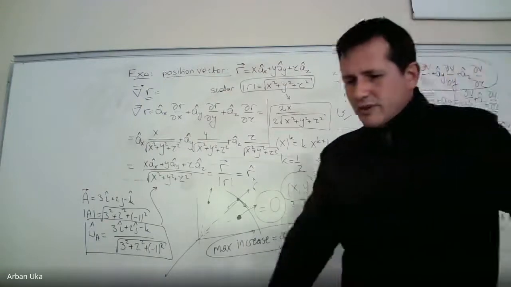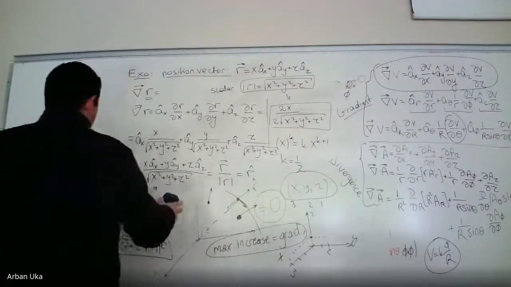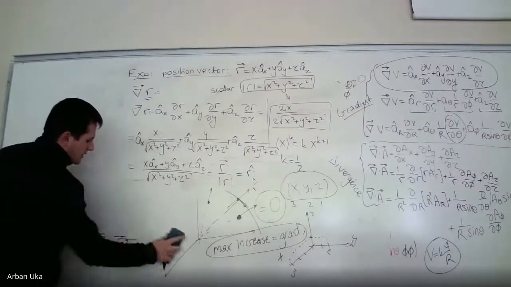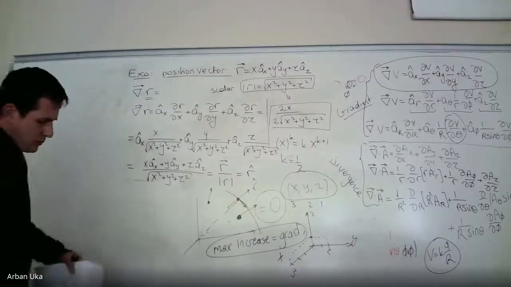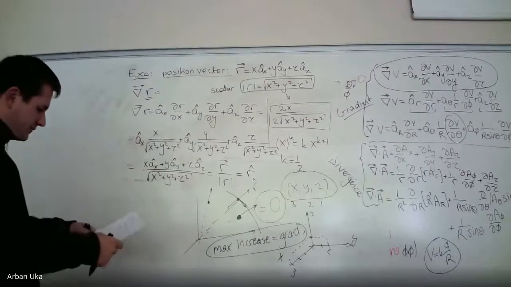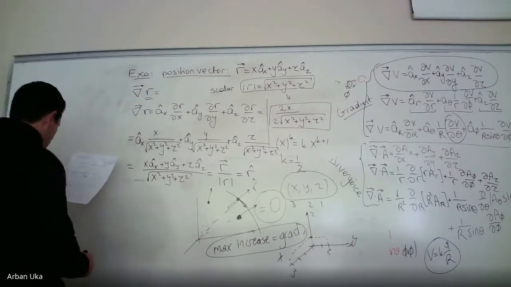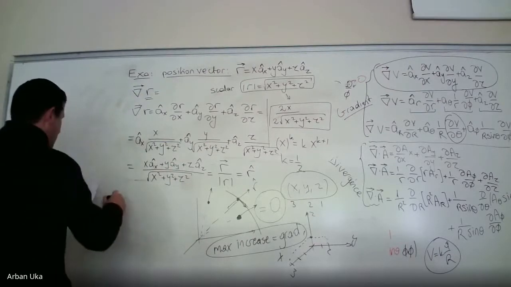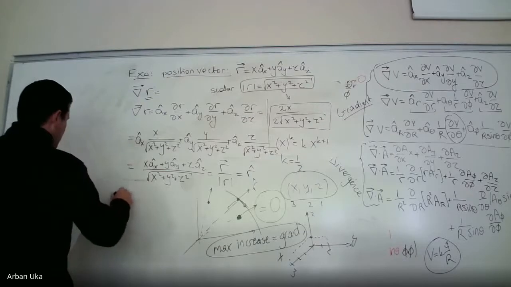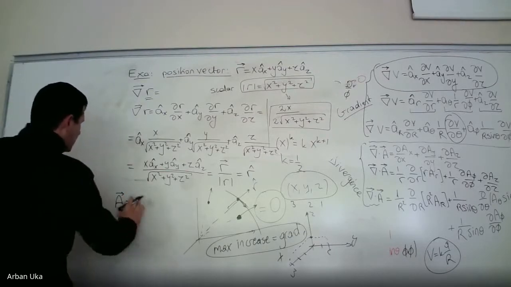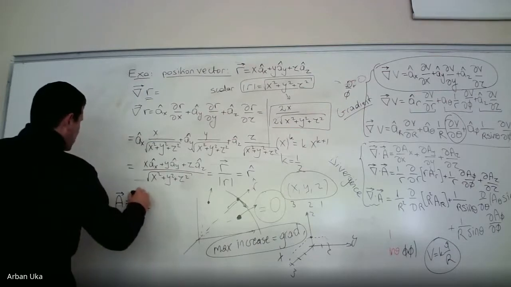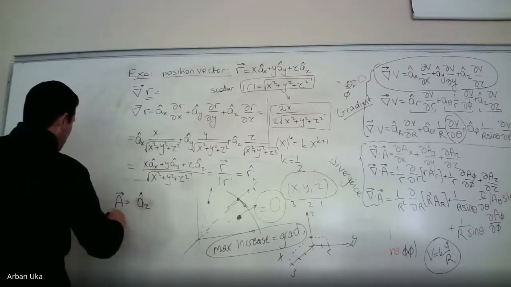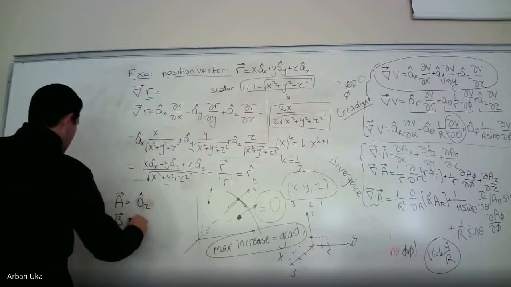We can give a short break, but I want you over a short time to have a look, try to identify the divergence of these vectors. A equal to, let's write it like this, A equal to ax and B equal to z az.